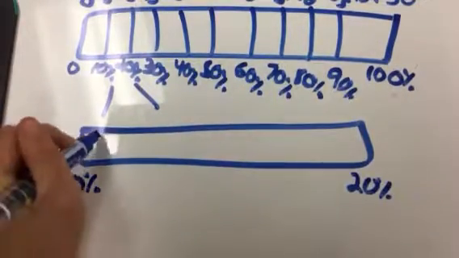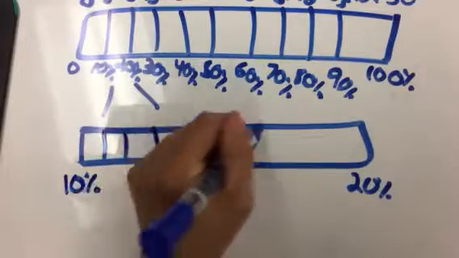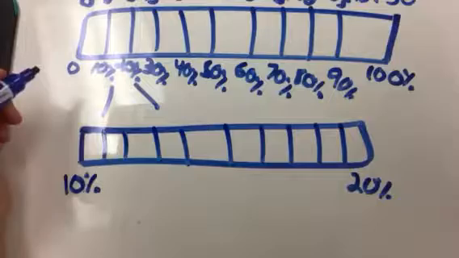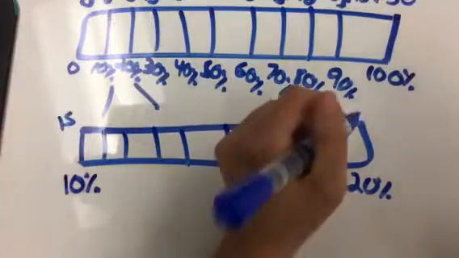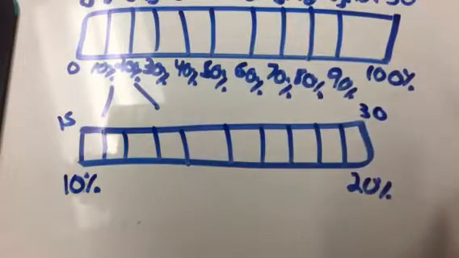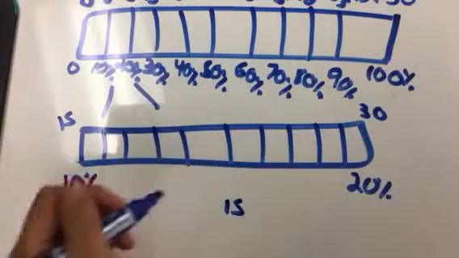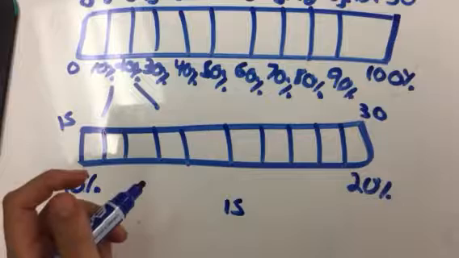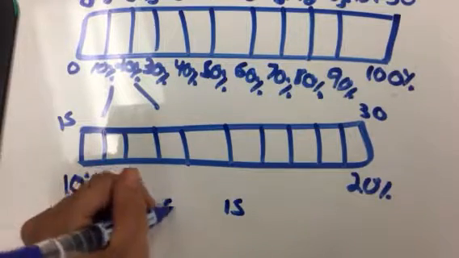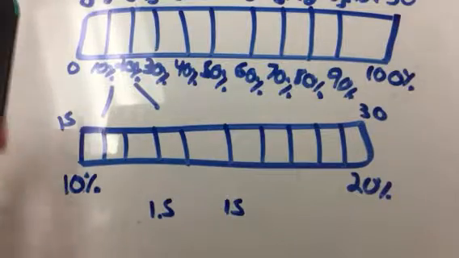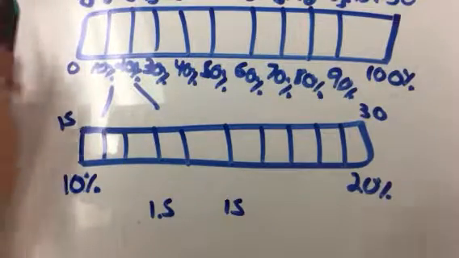And then again, chop it up into 1, 2, 3, 4, 5, 6, 7, 8, 9, 10 pieces. I know that this is 15, and I know that this is 30. The difference between 15 and 30 is 15. I need to divide that into 10 pieces, which is 1 1/2.